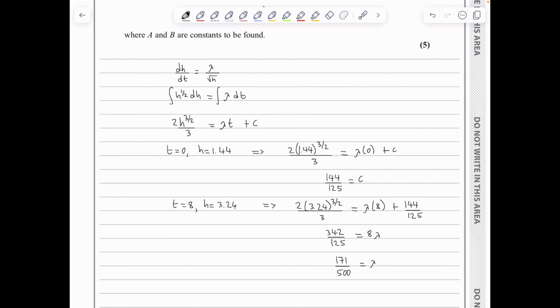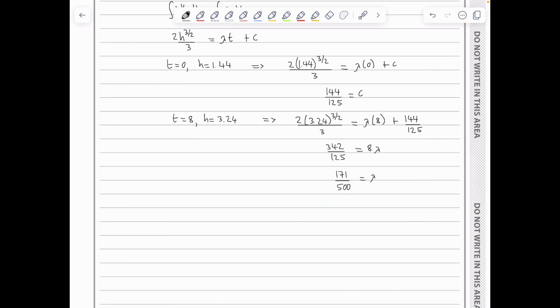Now that we've got the values for c and lambda, we can easily conclude that 2 times h to the 3 over 2, over 3, is equal to lambda, 171 over 500, times the t, plus the c, 144 over 125.